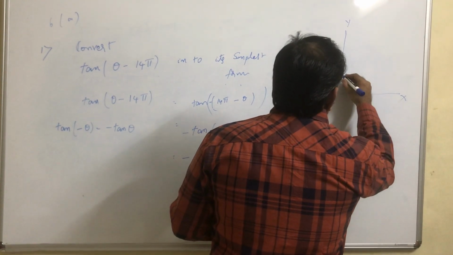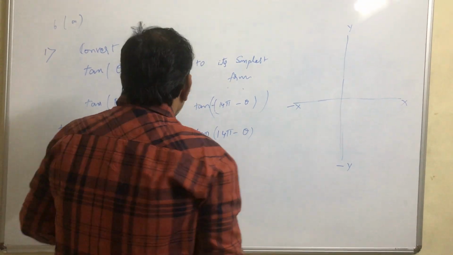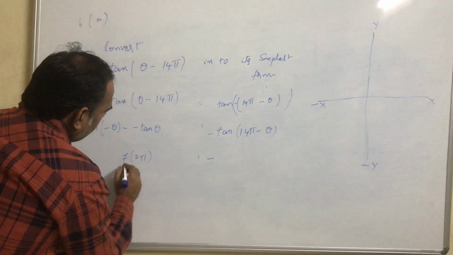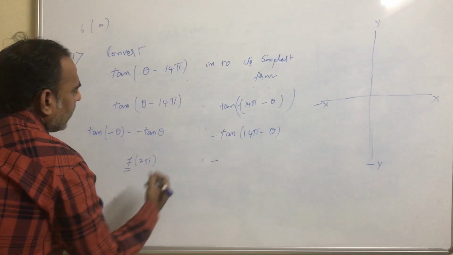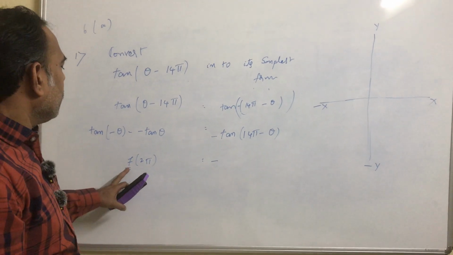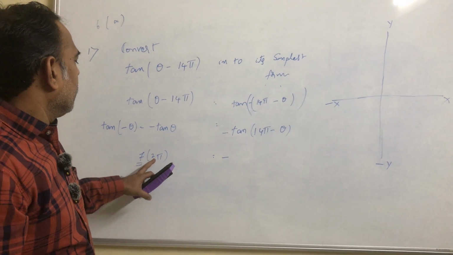This is the coordinate system, right? Here 14 pi can be written as 7 into 2 pi, right? That means we should make 7 rotations in the coordinate system. That is the meaning of 7 into 2 pi. We have to make 7 rotations in the coordinate system, right?